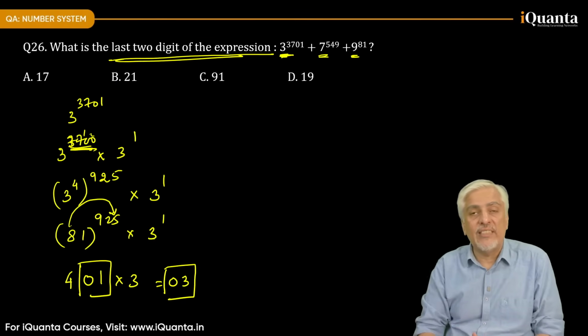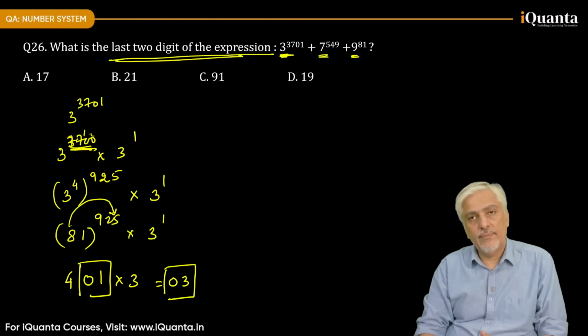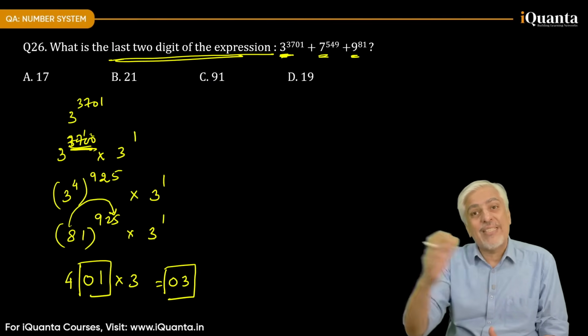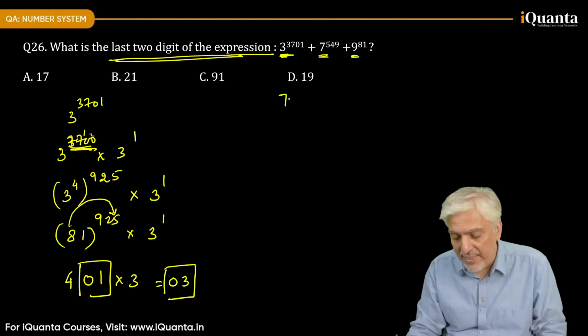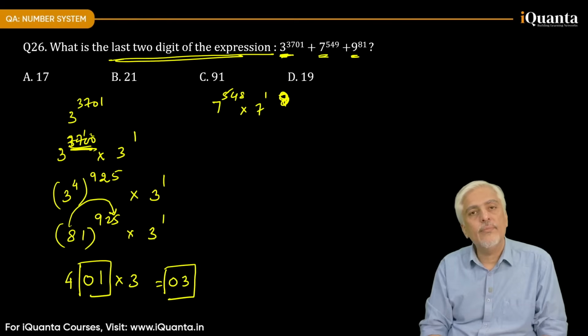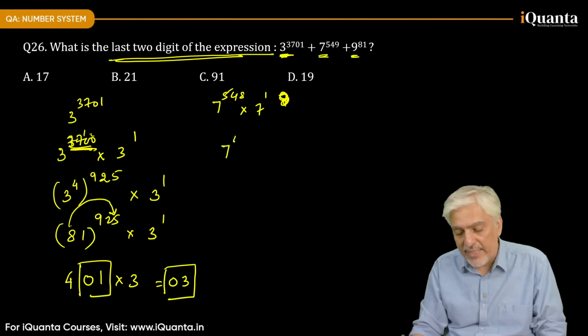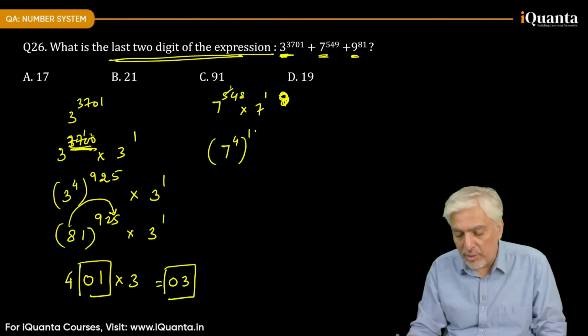7 का विच पावर एंड्स इन 1? अगेन 7 रेज टू 4 एंड्स इन 1। 7 9 3 1, अगर याद है वो पूरा पैटर्न वाला। तो आई कैन राइट 7 रेज टू 548 multiply by 7 raised to 1, because 548 is a multiple of 4, because fourth power end हो रहा है ना। तो 7 raised to 4, solve this, what will you get? 4 1s are 4, 4 3s are 12, 4 7s are 28.